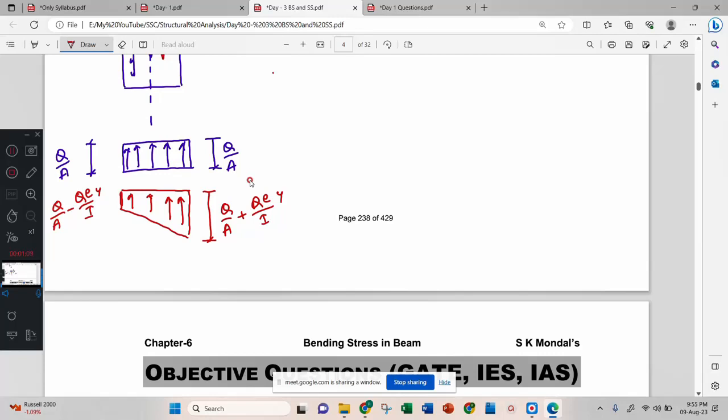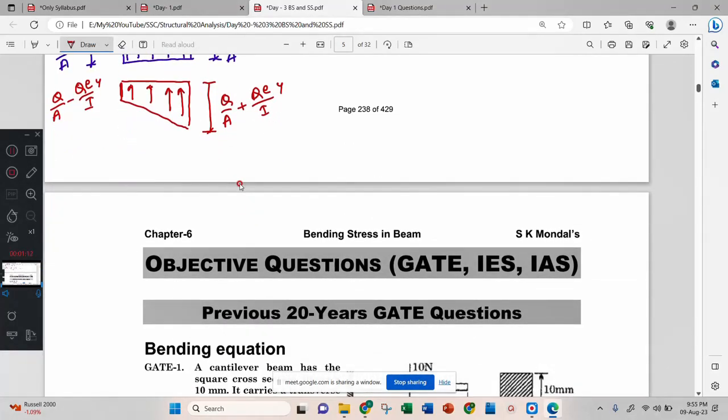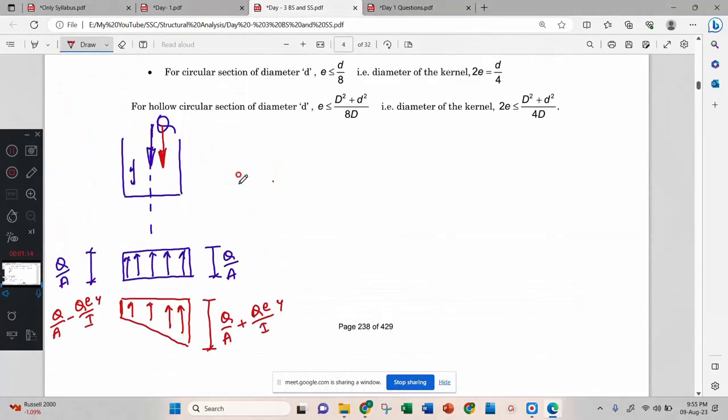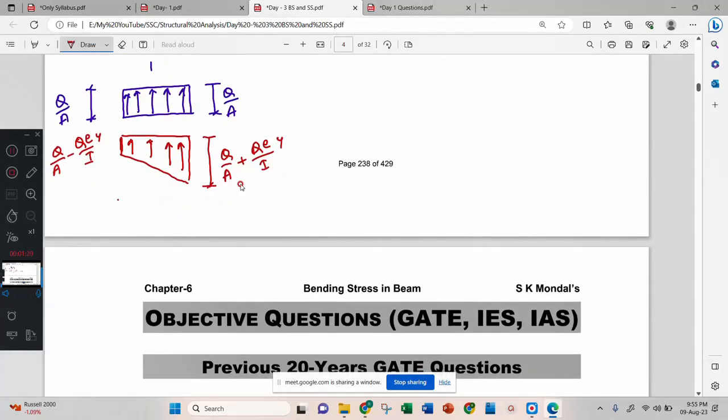Right? Now, interesting. If this load shifts further, then this becomes very much more, and then this becomes 0.